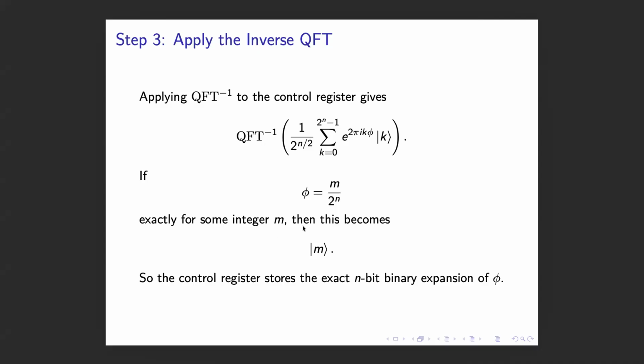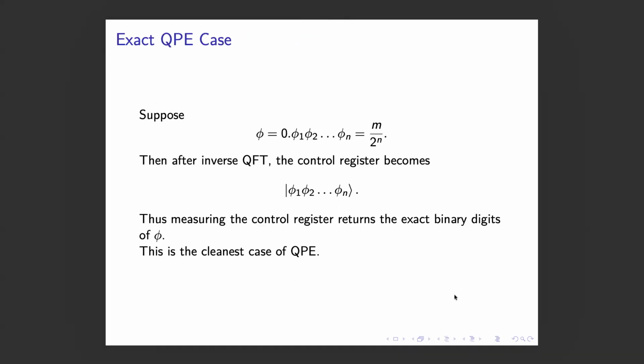So if we have some integer n, this simply becomes the state n we are looking at. So the control register stores the exact n-bit binary expansion of this phi here. And that's the whole trick with the control register. This is the way we would typically encode a set of bits.